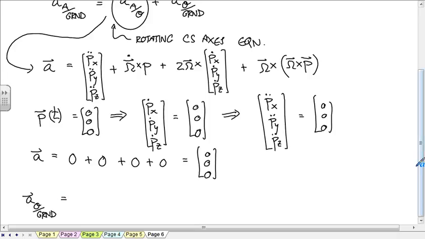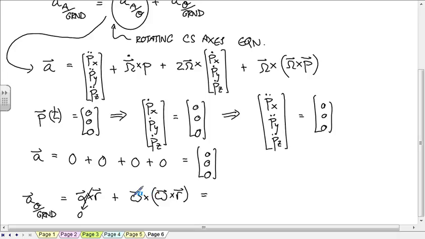Well, we can think of it as alpha cross r plus omega cross omega cross r. What's alpha for this circular motion? 0.